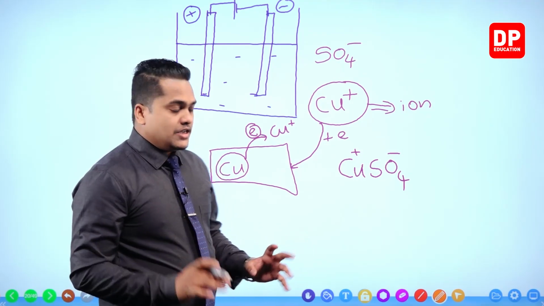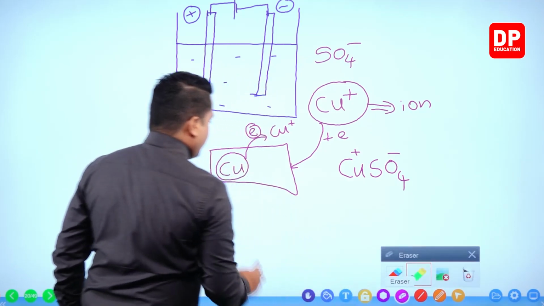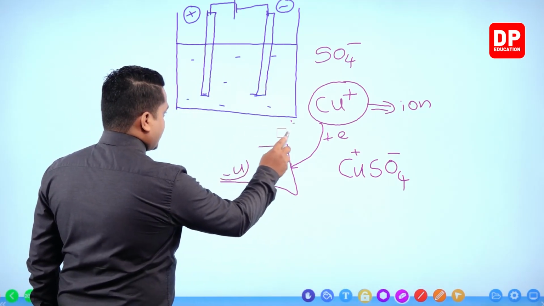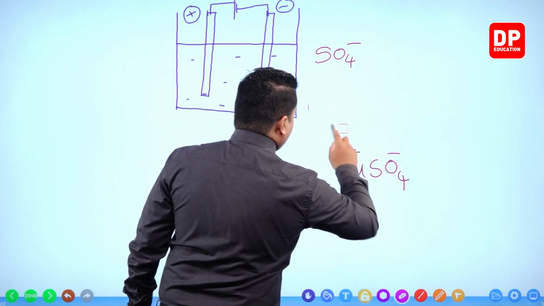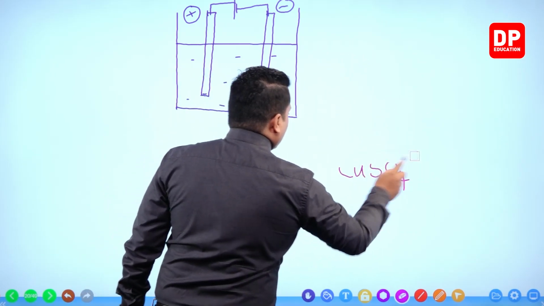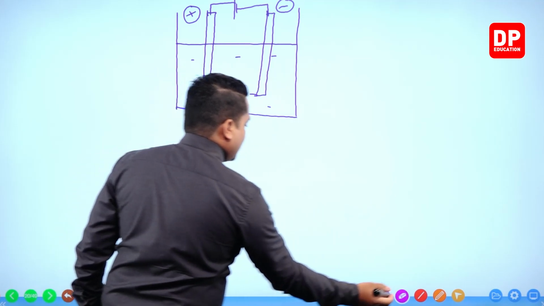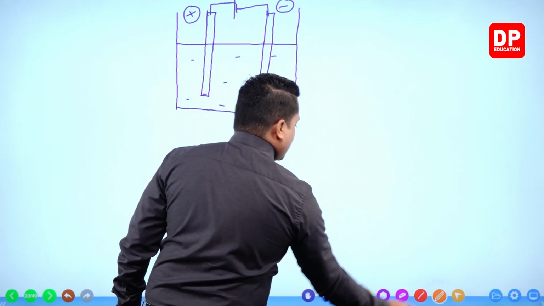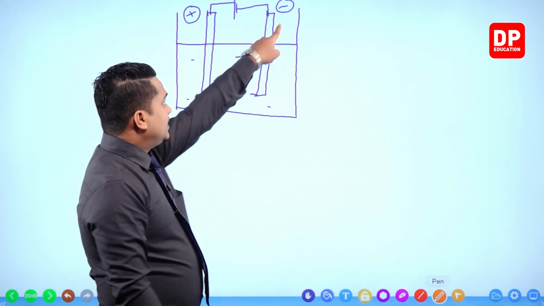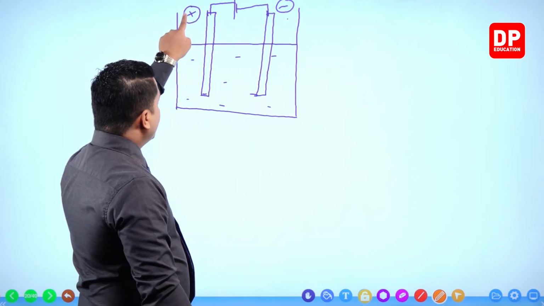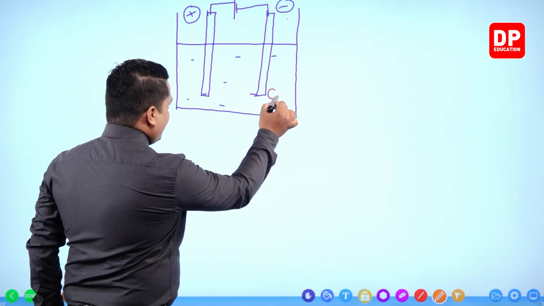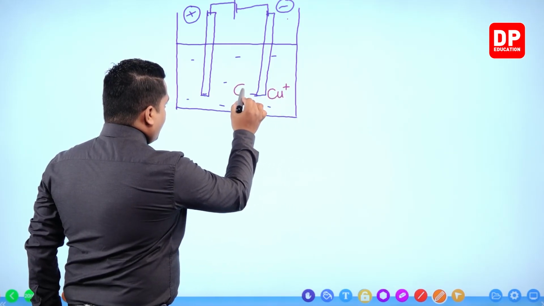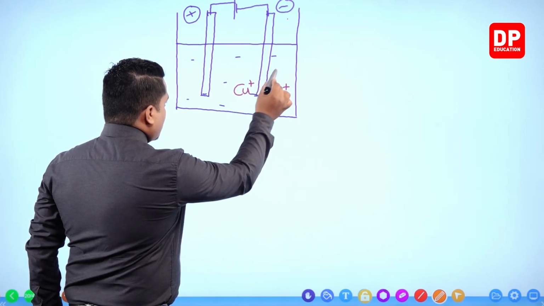Remember that case. So now, my dear children, within the system there is copper. Now the other special thing: this is the negative terminal, this is the positive terminal. You know that copper has a positive charge.